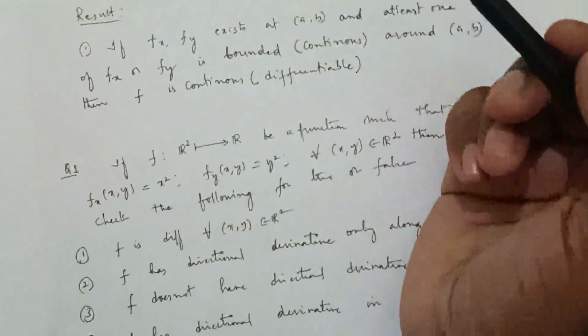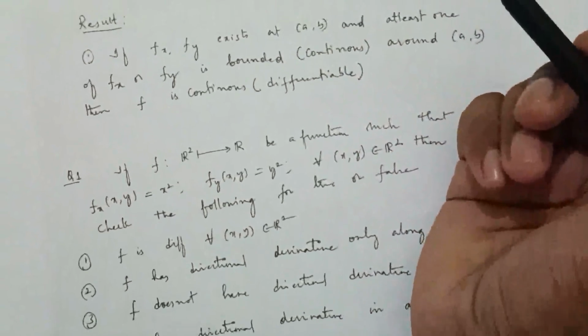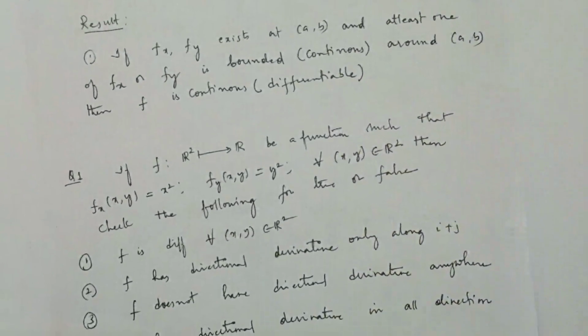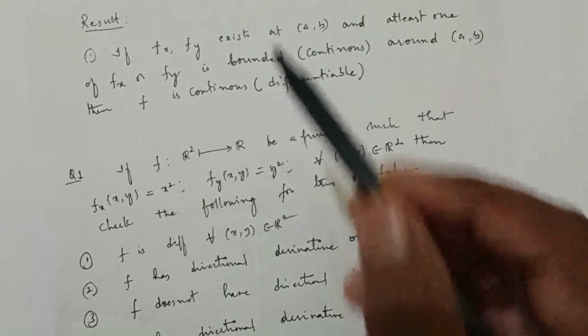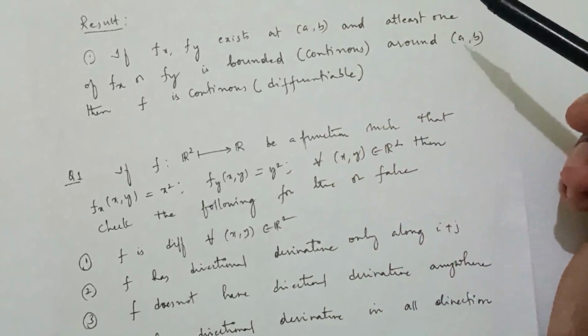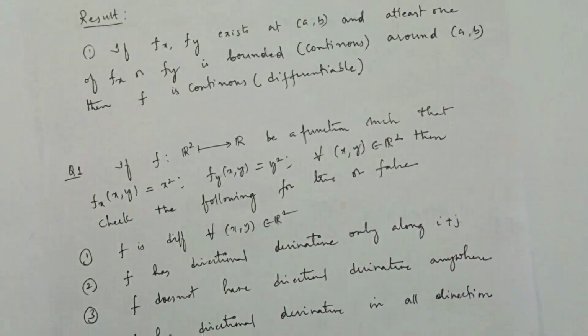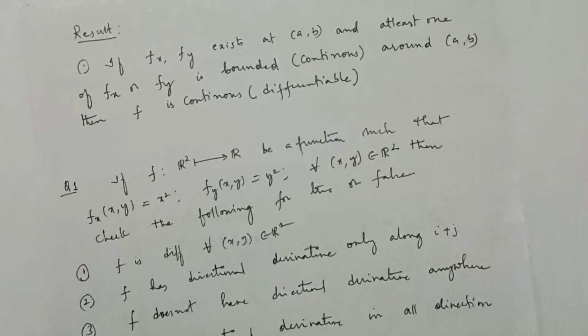So once we discussed a few problems on functions of several variables, we discussed differentiability in the last video. Moving further, we will try to solve a few more problems on differentiability of several variables.